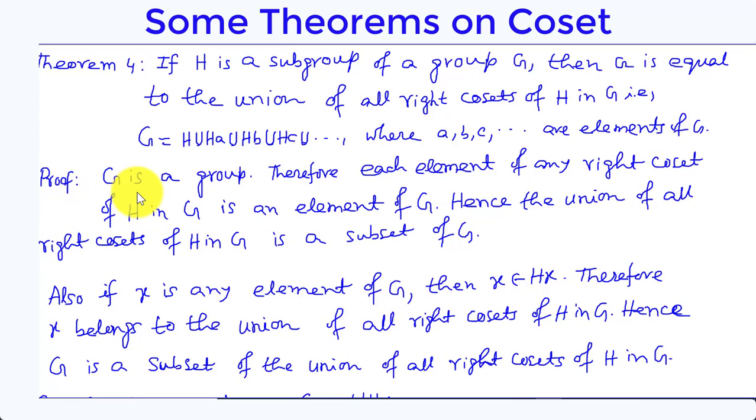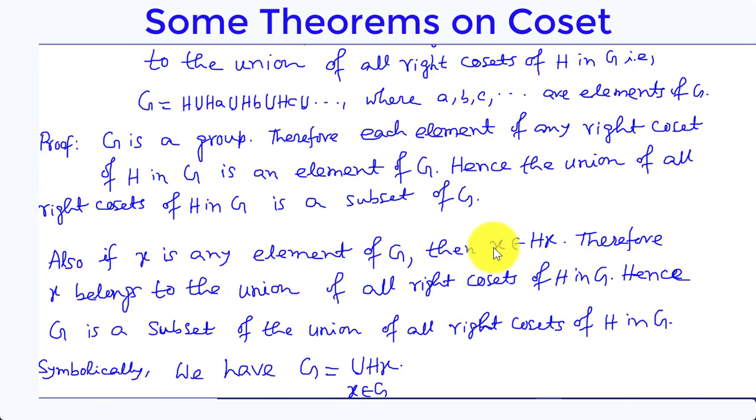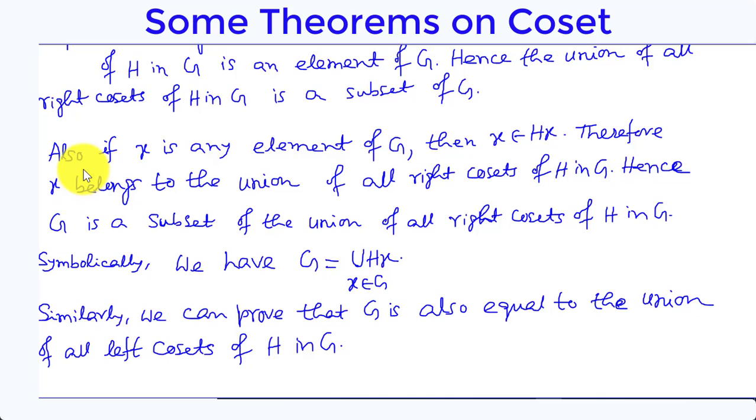Proof: G is a group. Therefore, each element of any right coset of H in G is an element of G. Hence, the union of all right cosets of H in G is a subset of G. Also, if x is any element of G, then x belongs to Hx.